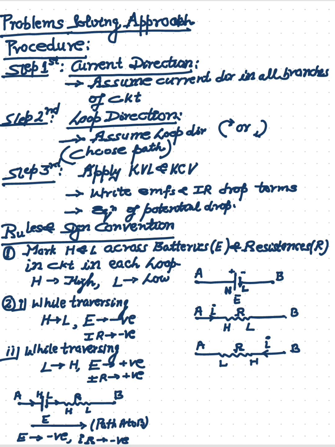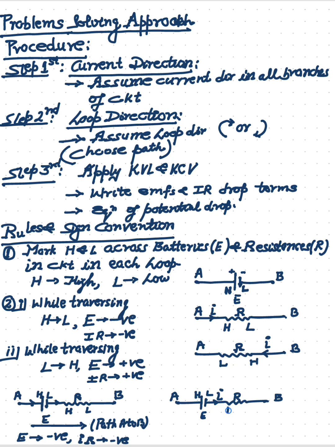Clear? Suppose I change the path in the same circuit, going B to A. Taking the same branch, with R and E, this will be high and this will be low.